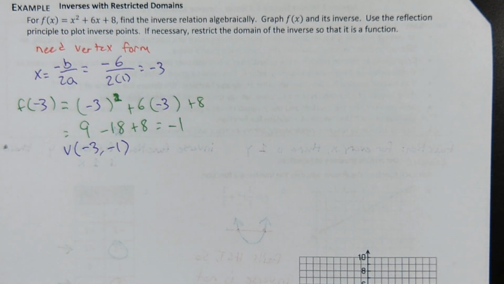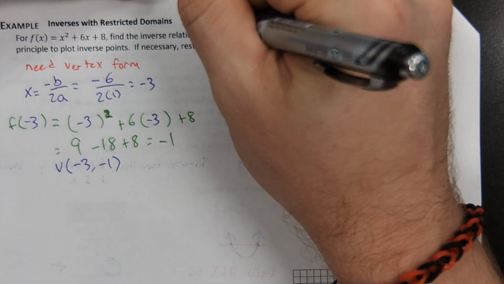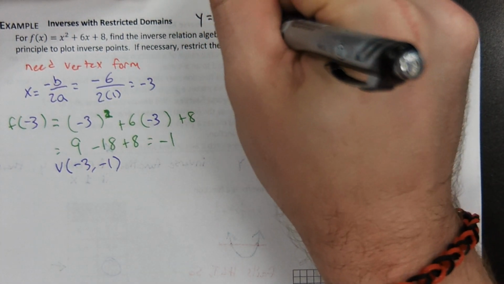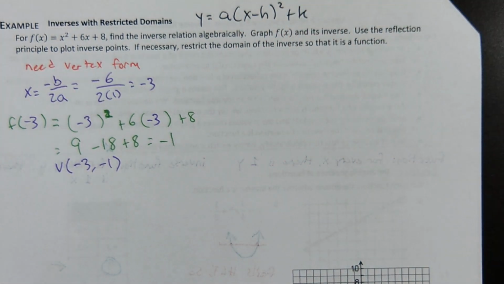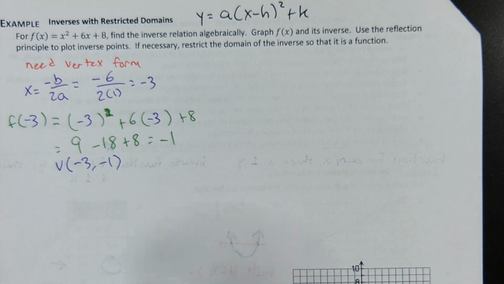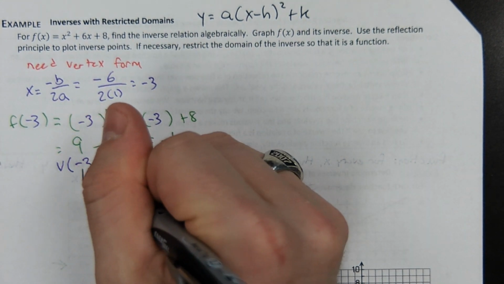And we already know a is 1. Just going to remind you what vertex form is up here. We know a is 1, and we just found h and k.